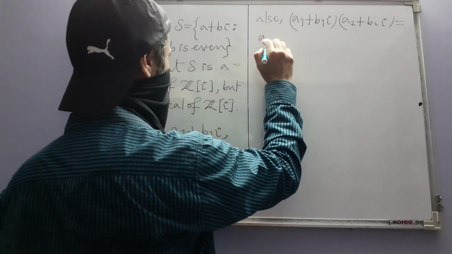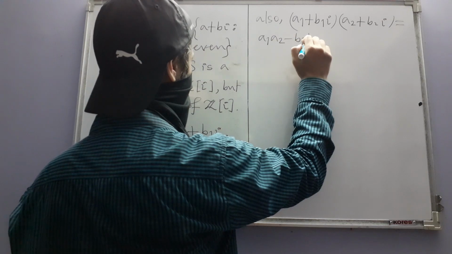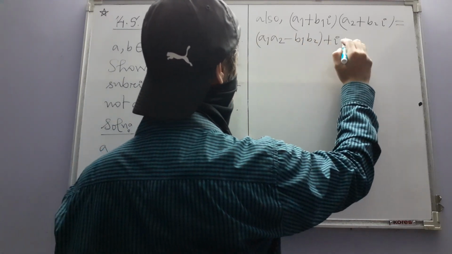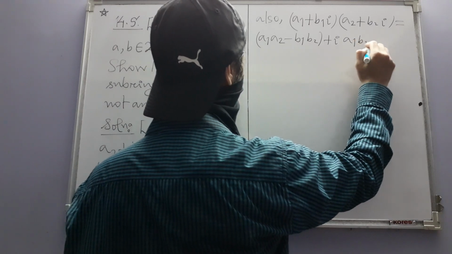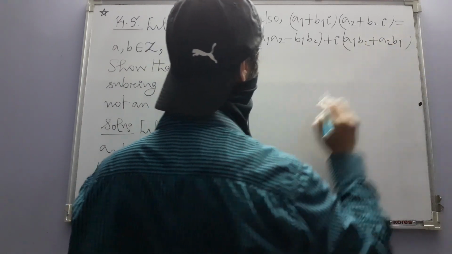So the product will be a1 a2 minus b1 b2 plus i times a1 b2 plus a2 b1.